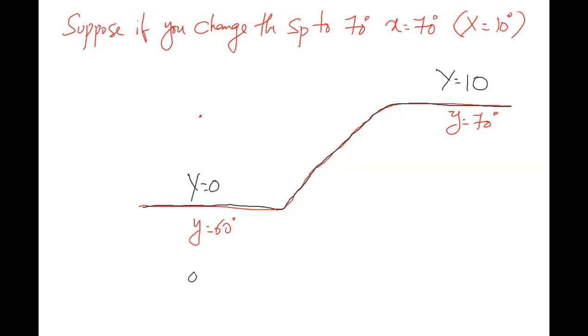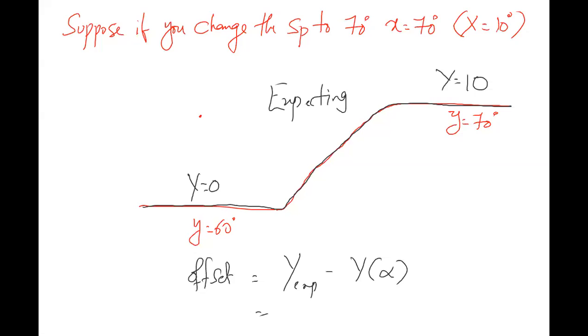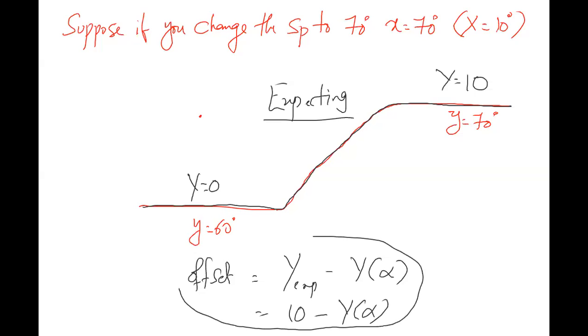So what is my offset here? My offset is what is my Y expected minus what is my Y reality. What is my Y expected? This is the response that I am expecting. So my Y expected is 10 minus my Y reality, which I need to calculate. The offset might be, let's say, if the controller is not successful in making it 70.